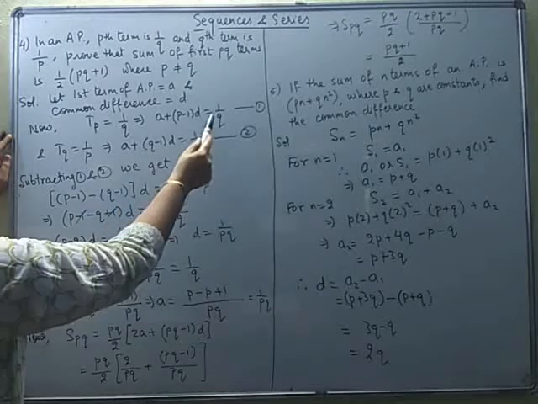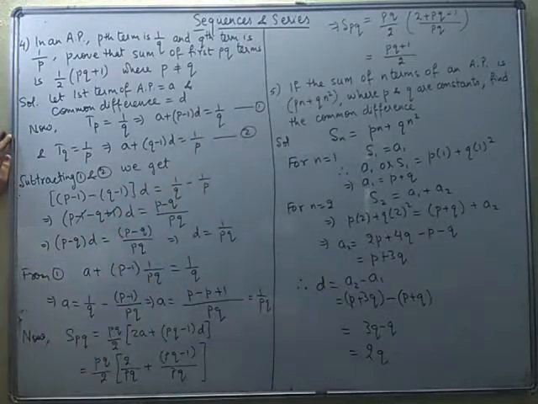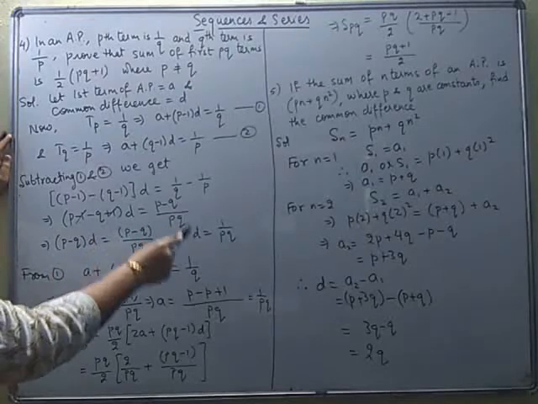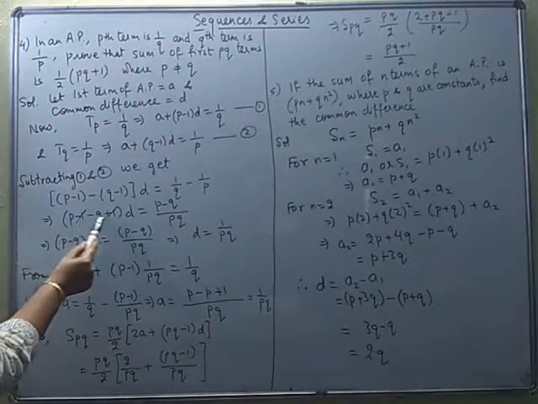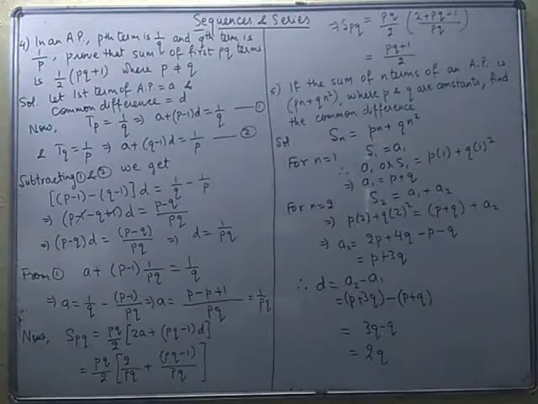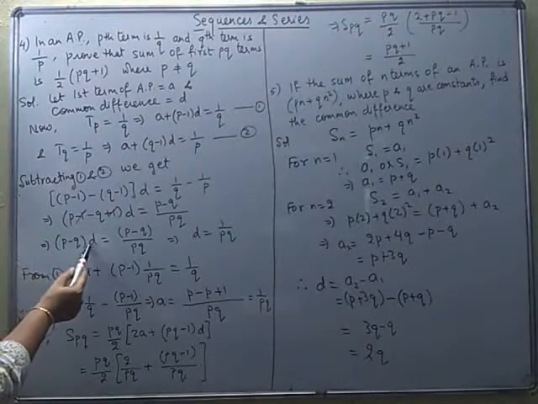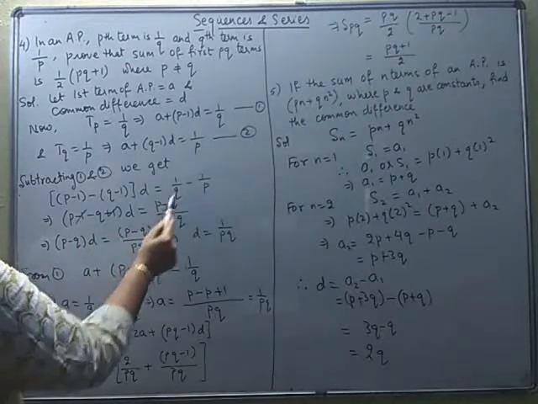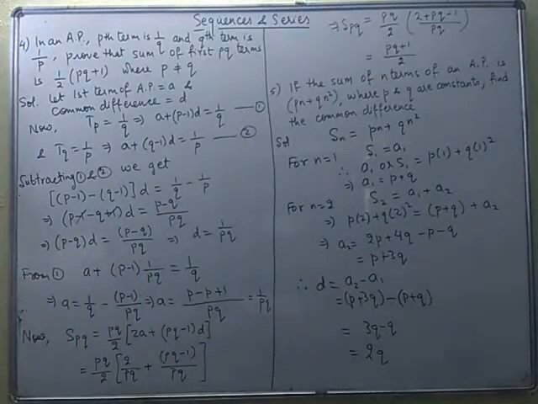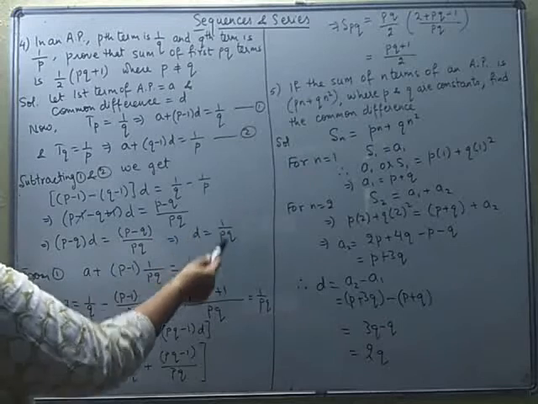Okay, and on the right side it becomes 1 over q minus 1 over p. We'll simplify this to get the value of d. If I open the bracket here, you will see plus 1 and minus 1 gets cancelled out. And we are left with p minus q into d. On the right side, if we take LCM, it is p minus q divided by pq. What next? You can see p minus q on both the sides can be cancelled out, and d is 1 over pq.